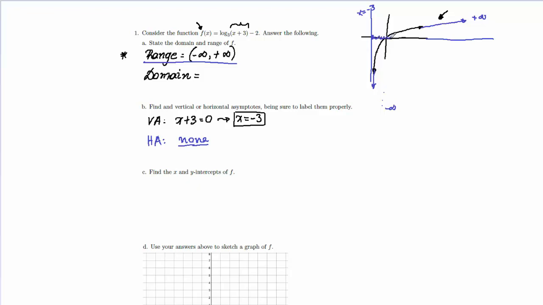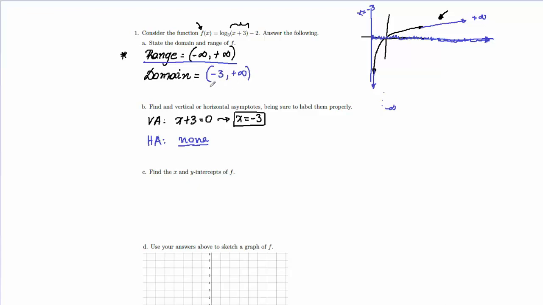So all the points from negative 3, not including negative 3, to positive infinity will be in the domain of the function. So this means that the domain of the function is from negative 3 to positive infinity.